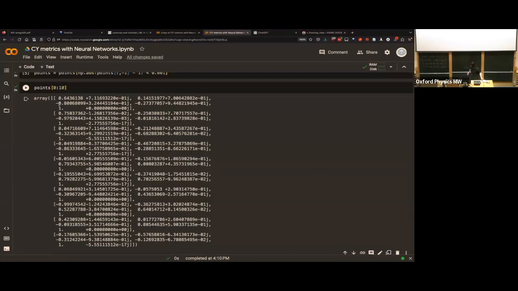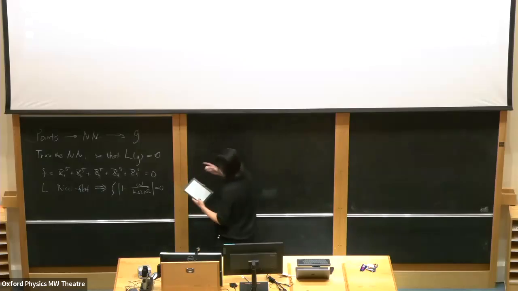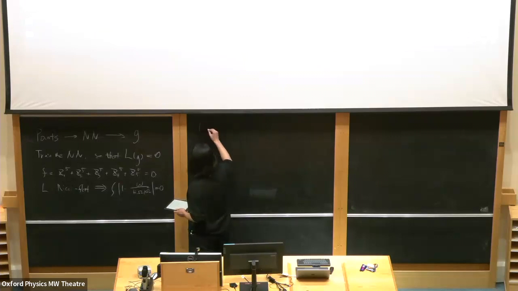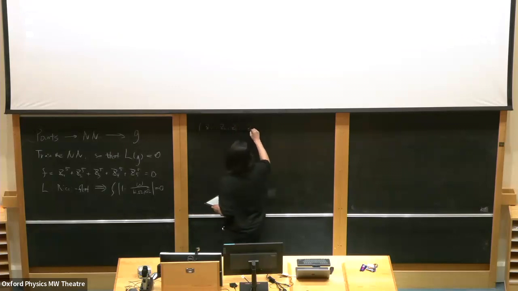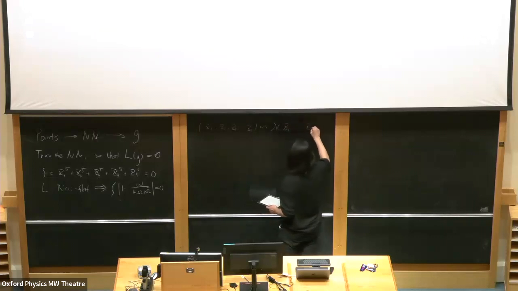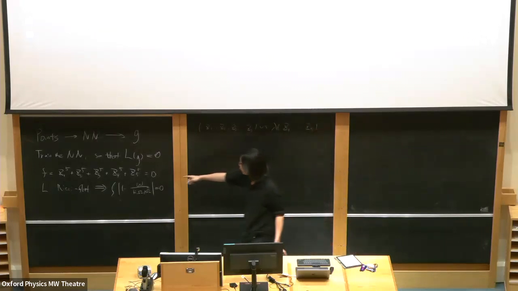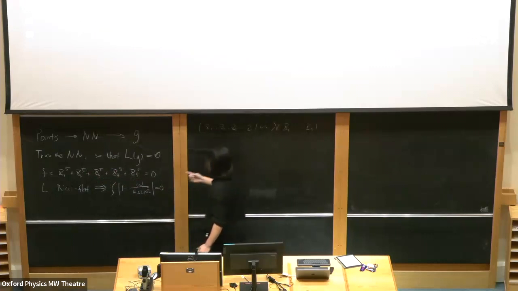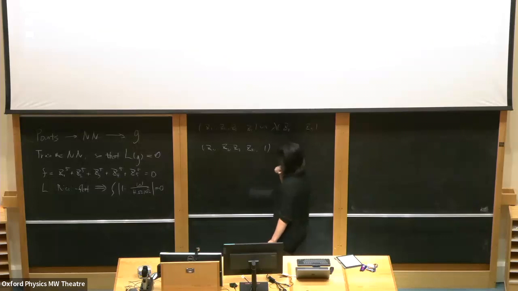The reason is, if you look at this hypersurface, recall that on projective space (z1, ..., z5) is equivalent to lambda times (z1, ..., z5), which means you can divide the whole thing by one of the coordinates. For example, you can divide by z5, and define z1 over z5 as a new z1. So your hypersurface will have 4 coordinates, z1, z2, z3, z4, and the last one will be 1.